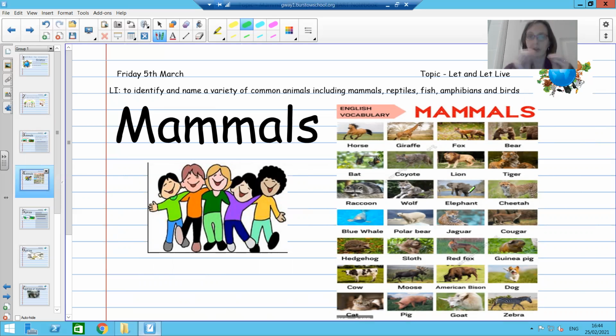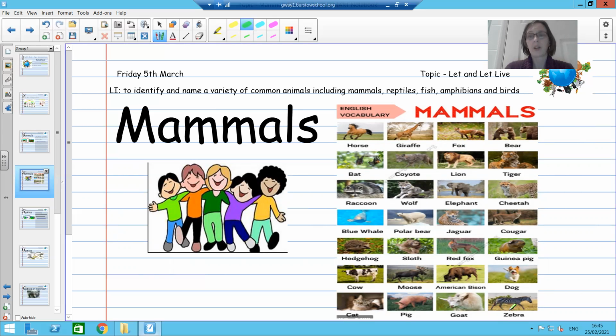They've got hair, with little tiny hairs that might be a bit difficult to see. Polar bears, blue whales. They are also mammals. Might not have fur and hair, but they are mammals because they give birth to live young and they feed the babies with milk. Dogs, bison, pigs, cats, of course, and zebras. Okay, so all mammals there.